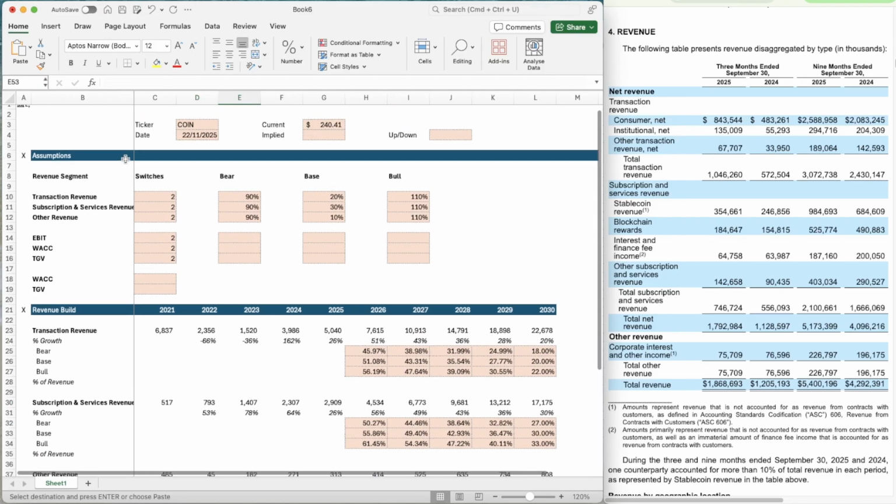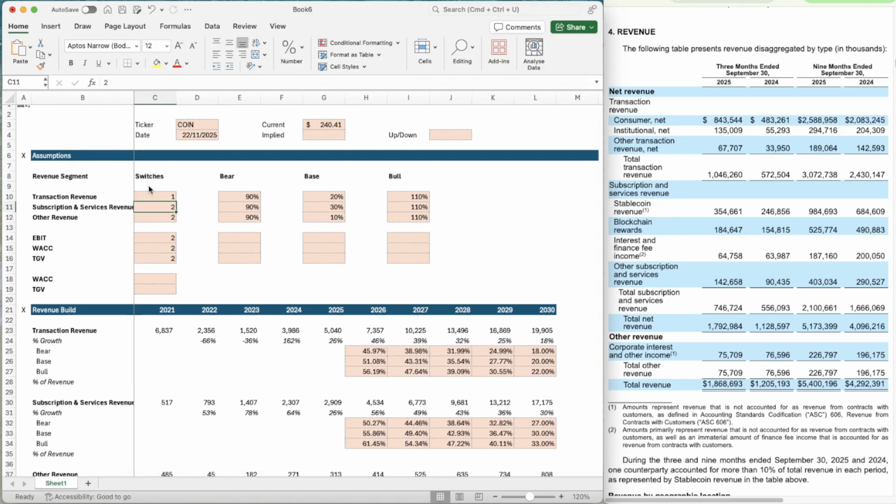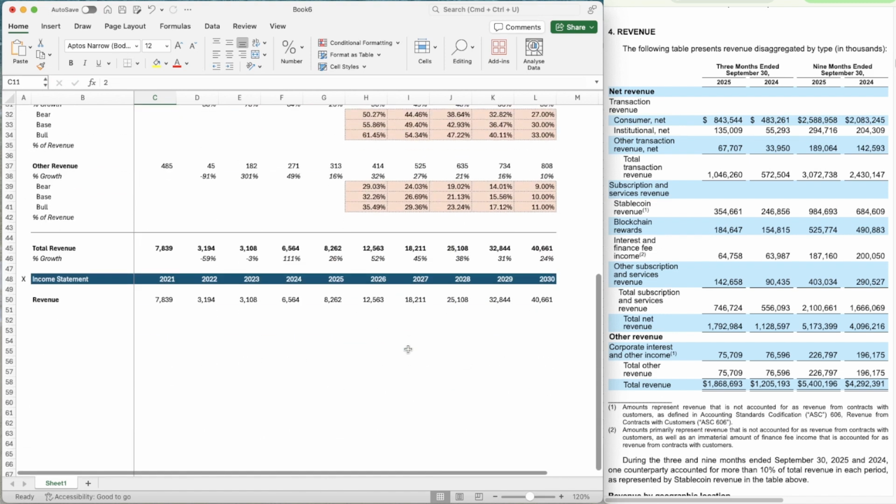For those of you watching one of my videos for the first time, you can see that every time we change the switch, it's updating it. Bullish scenario goes up 5 billion. Come back to base, it comes down to 20. I should have shown that a bit earlier. Sorry, I forgot.